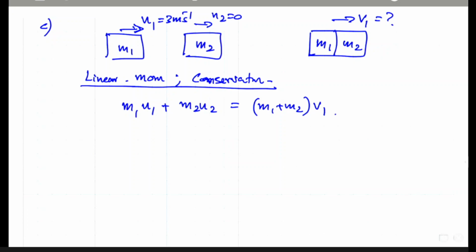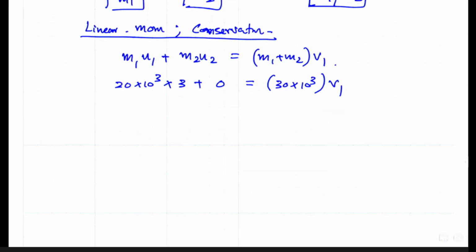So M1 is 20 here. So 20 times 10 to the power 3 times U is 3 plus 0 is equal to 30 times 10 to the power 3 times V1. Grade 10 math, we are not going to dance around. So it's going to be V1. So now you can see 10 to the power 3, 10 to the power 3 gone. So it's going to be 60 divided by 30. It's going to be 2 m/s. Straightforward.